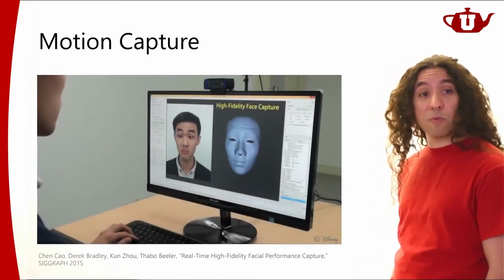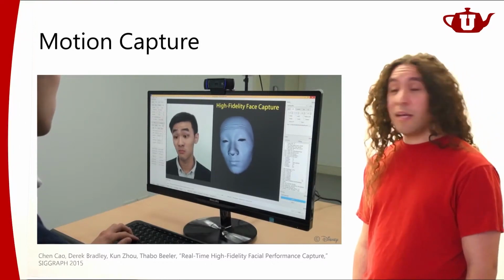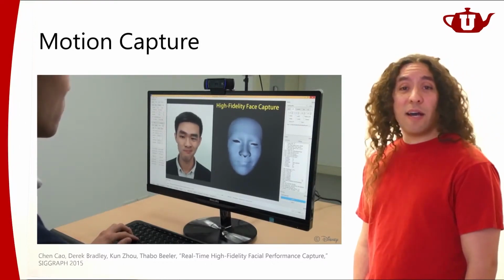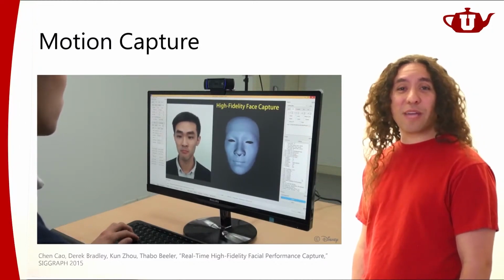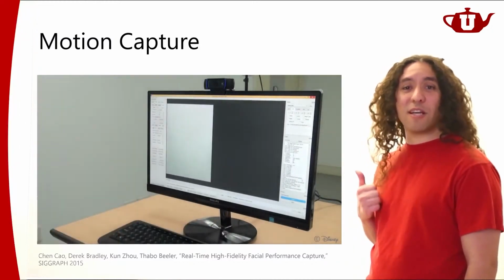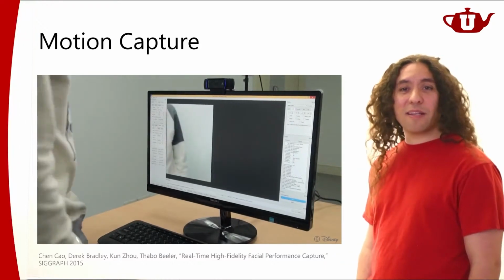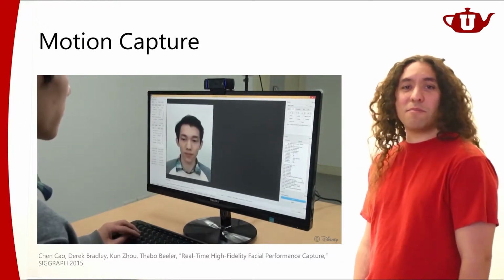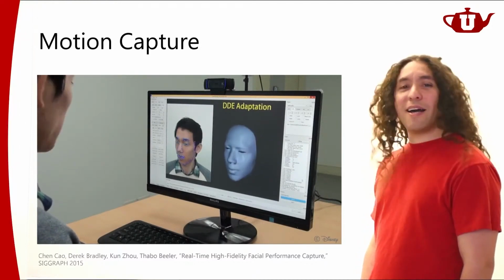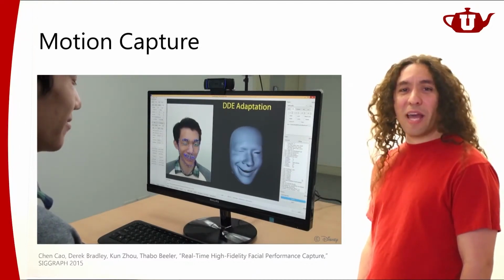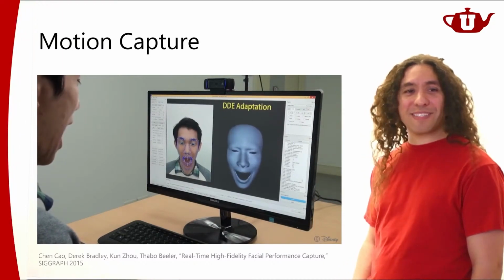Wrinkles are captured here as well, and the motion of wrinkles is captured. In fact, this particular method works in real time, so you can just sit in front of your camera. From this image, it's estimating the expression and the shape of the subject's face, and it's even able to capture different people's faces like this.